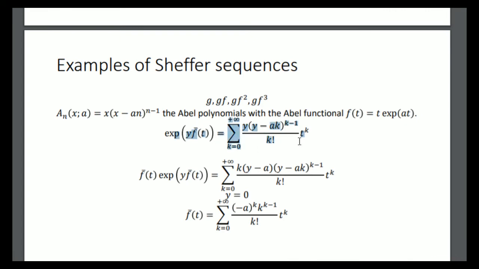If you apply it, then you differentiate it with respect to y, you get this formula. And then when you apply it at y equal to 0, you get this formula. Now you found the power series development for the inverse of this operator, t exponential of at.